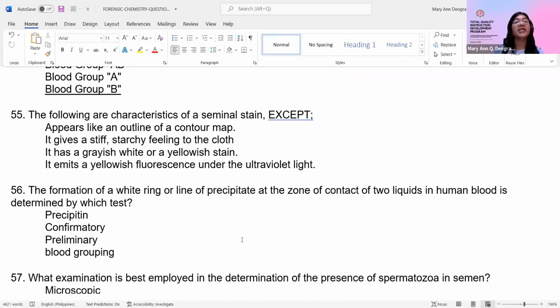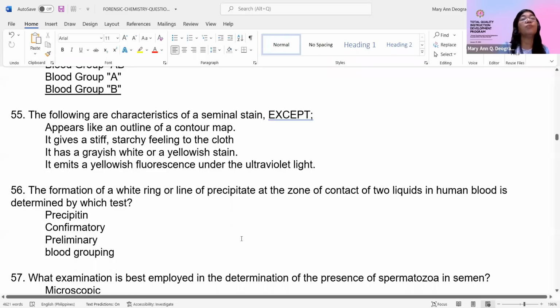Tama. It has a grayish, white, or yellowish stain. Tama. Letter D, I should say, yellowish. Hindi siya yellowish, bluish yan. So exception to kasi seminal stain emits a bluish fluorescence under the UV light.